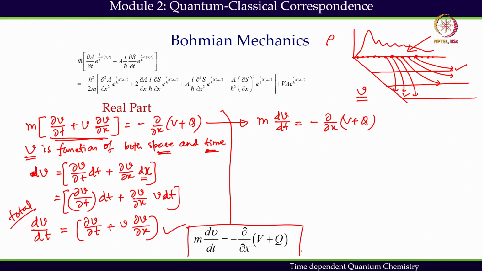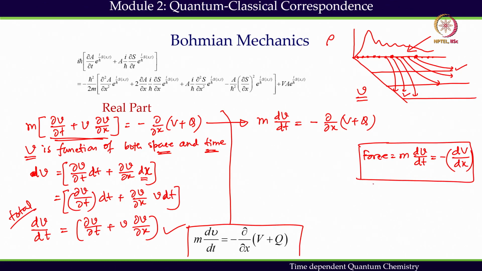What it suggests is, if it was a classical particle moving under a conservative force, then we write that force, which is nothing but m dv/dt, as minus the gradient of the potential. That is the way we write. So, this is the classical force equation.